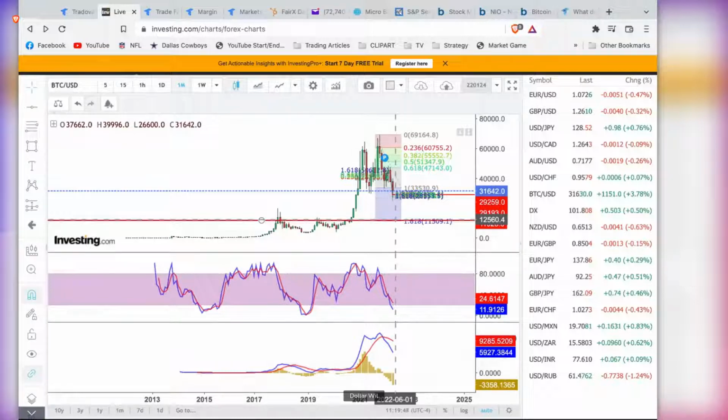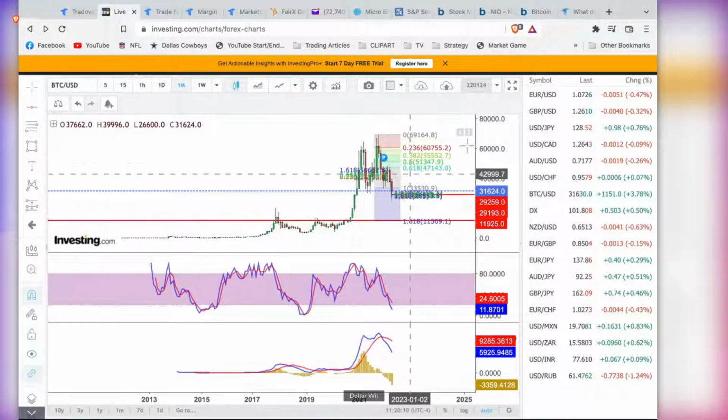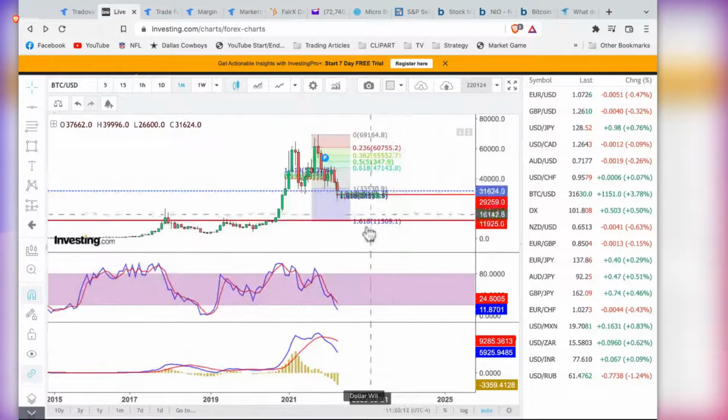Now, that's a conservative wave 3. There are certain structures that go even longer. But just as a conservative projection, that's the scale of what we would be looking at for this next move.